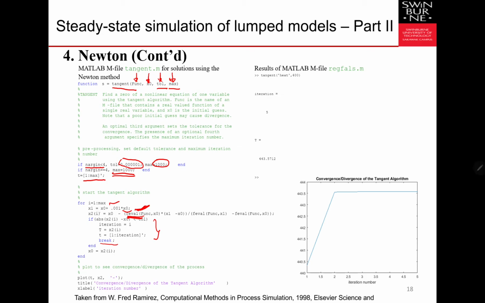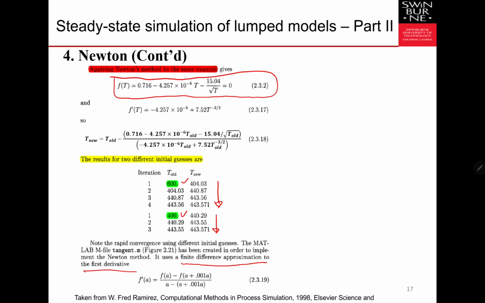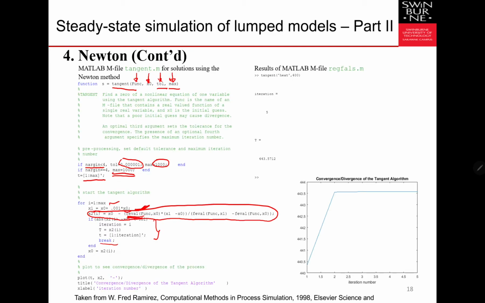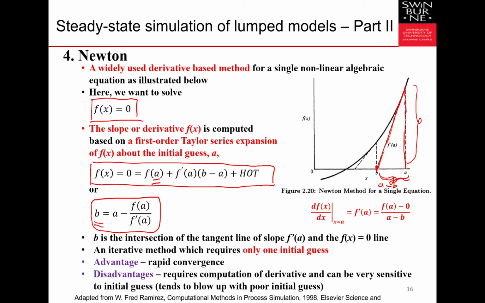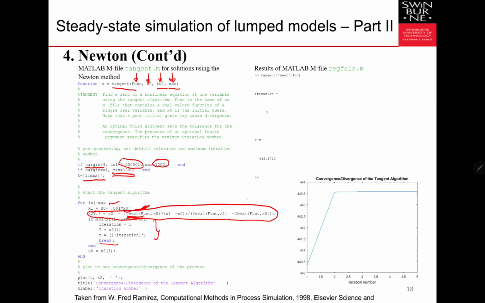This formula here is basically the Newton method formula that was shown in the previous slide, where we calculate A minus the function's value at A divided by the derivative at A. So that will be this one.